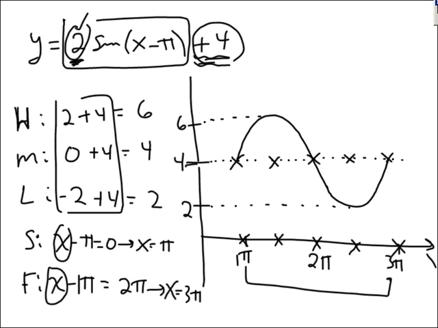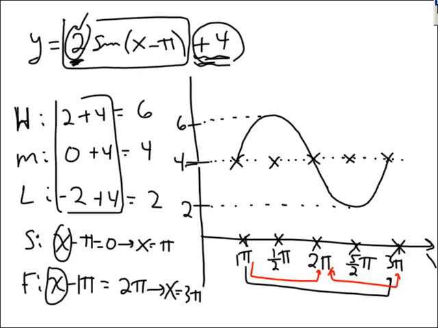Now, I want to know what goes in the middle of 1 pi and 2 pi. What's in the middle of 1 and 2 is a half. Half pi. Now I want to know what's in between 2 pi and 3 pi. What's in between 2 and 3 is 2 1/2, or 5 halves. 5 halves pi.